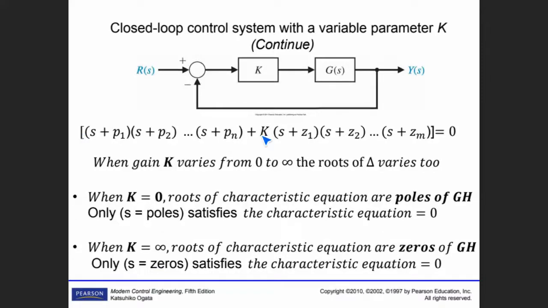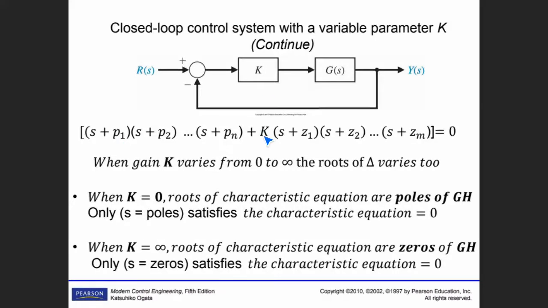If K is equal to 0, this term is already 0. So only in order to make this term 0, it should be one of the poles. If one of the poles is the root, then it is equal to 0, and this equation is satisfied.